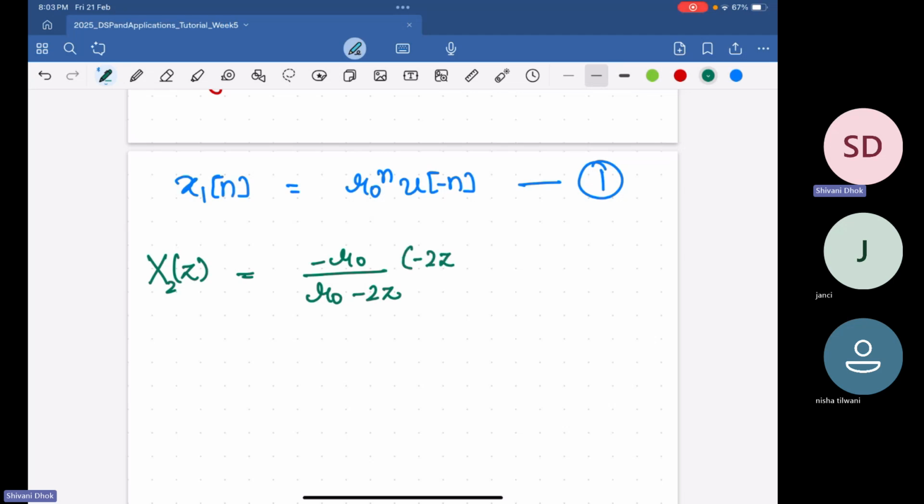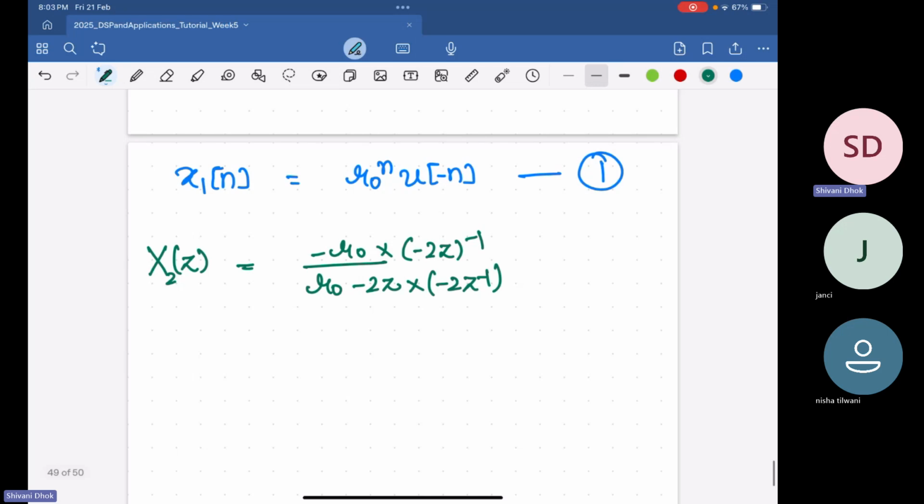So numerator and denominator will multiply by minus 2z inverse. So what do we get here? We get r naught by 2 z inverse upon 1 minus r naught by 2 z inverse.